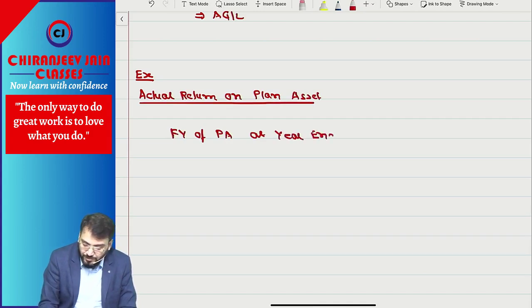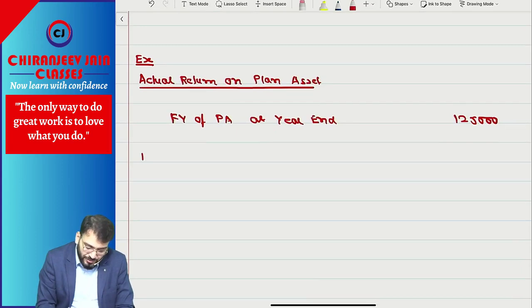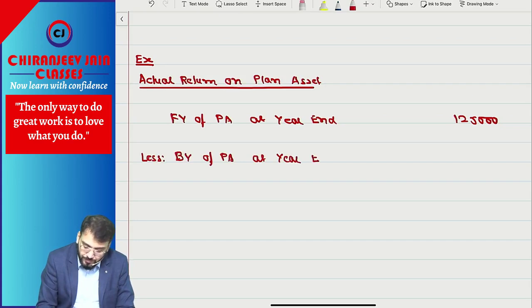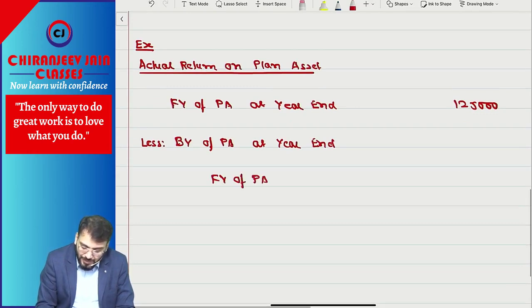At year end I'm asking. 1,25,000. We'll compare these. Let's write down. Book value of plan asset at year end. What is the fair value of plan asset at year beginning?